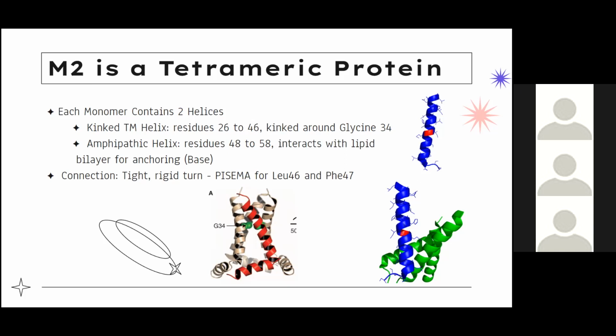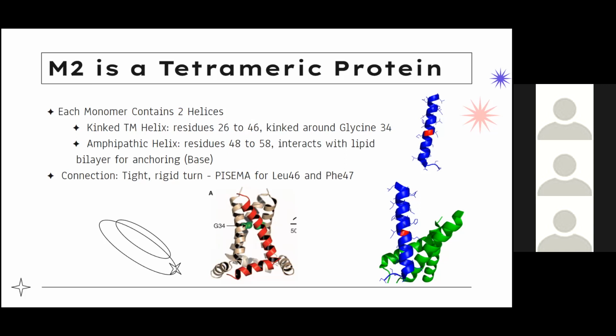And the second helix is the amphipathic helix, residues 48 to 58. And it's thought that the role is to interact with the lipid bilayer to act as an anchor or a base for the entire protein. And as you can see on the bottom left figure, those flat helices on the bottom that form the L with the top helices are the amphipathic helix.